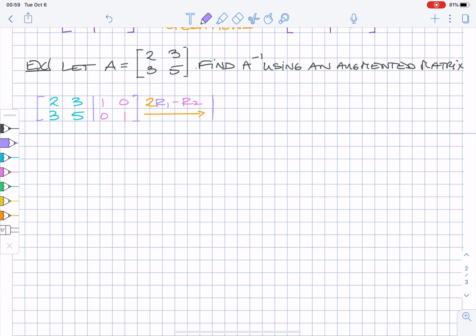So that's going to give us 2 times 2 minus 3, then 2 times 3 minus 5, augment, 2 times 1 minus 0 and 2 times 0 minus 1.